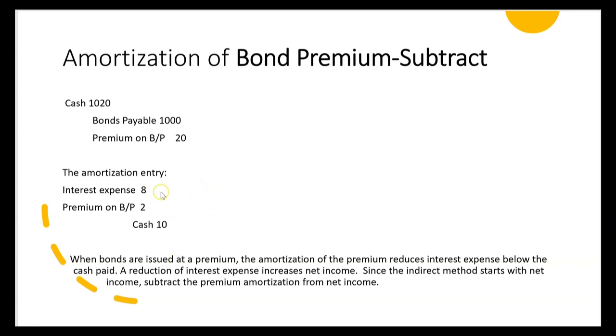The income statement will show only $8 in interest expense, but you want $10 on the cash flow statement. So you're going to have to do what? Well, since interest expense is only 8 and not 10, the income statement will have $2 more in net income because the interest expense is 8. So what you're going to have to do is subtract another 2 from net income so that you can equal the cash outflow of 10.